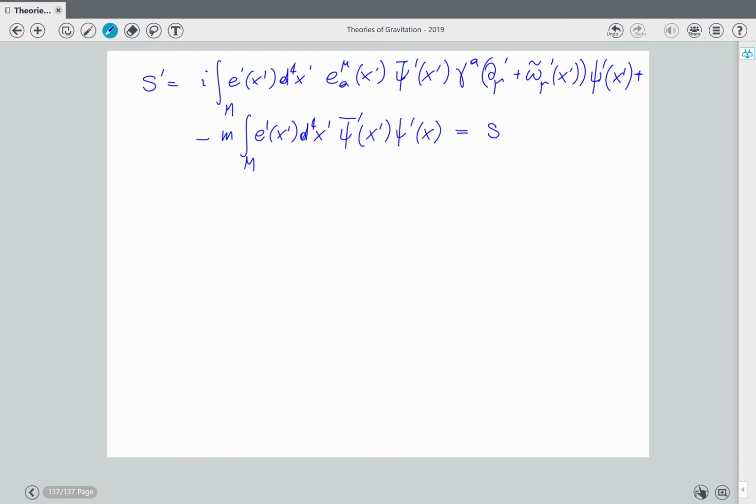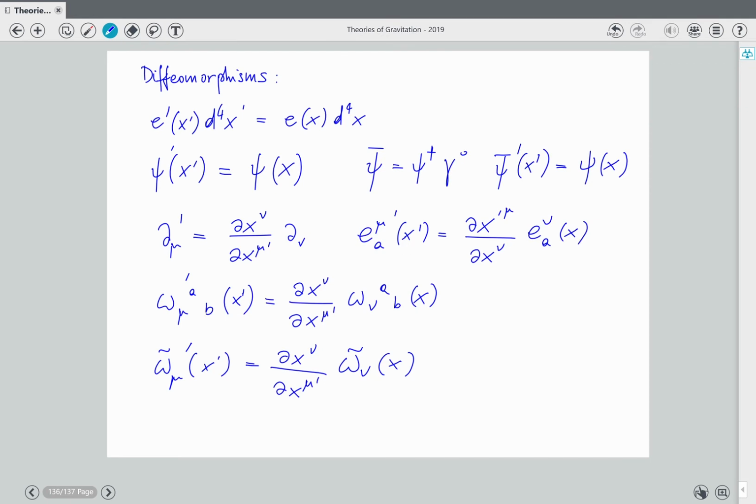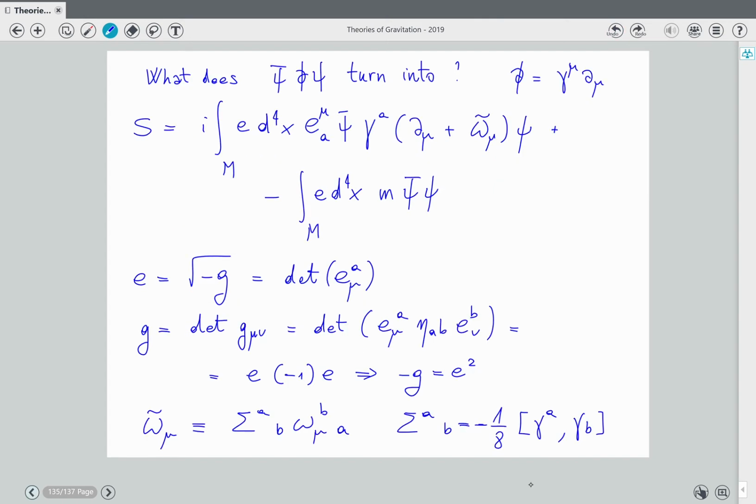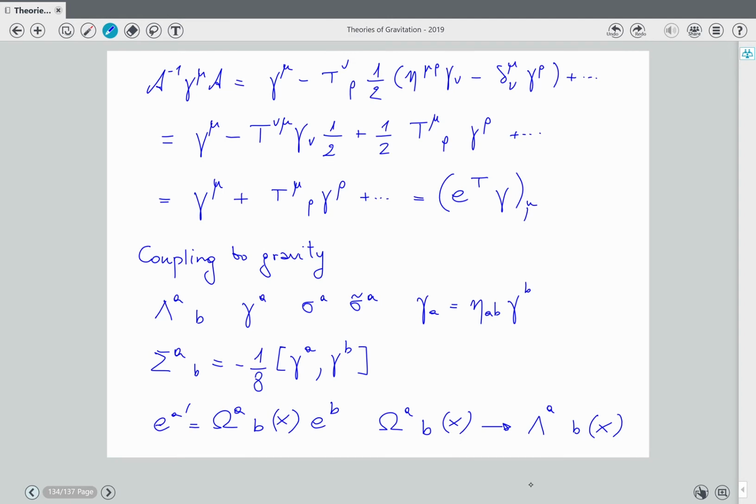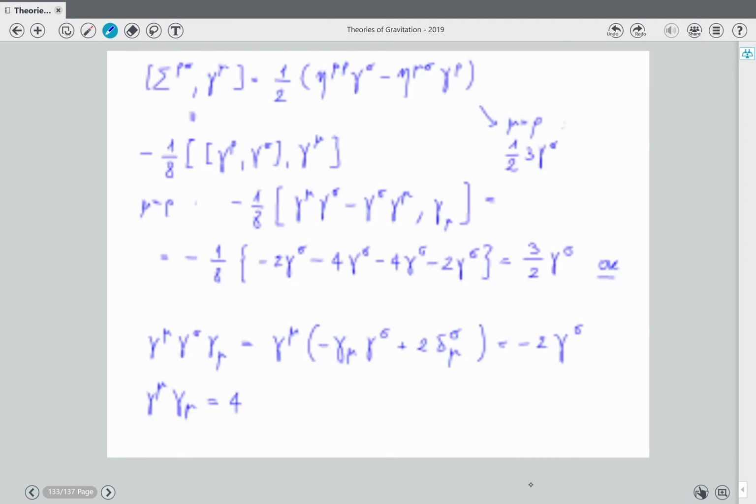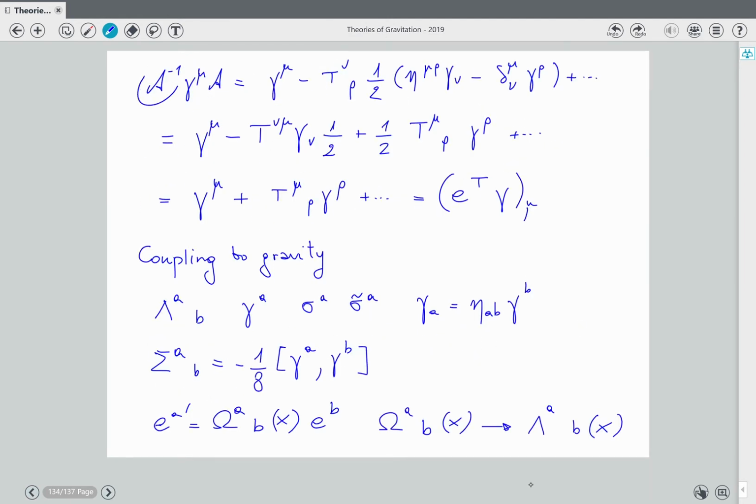Local Lorentz transformations instead act on indices A, flat space indices A, and on the spinorial indices alpha, because we know that on spinorial indices it acts with this matrix curly A, and instead on the flat space indices it acts with lambda.